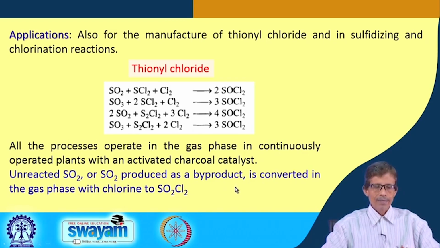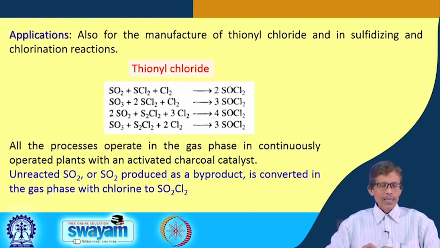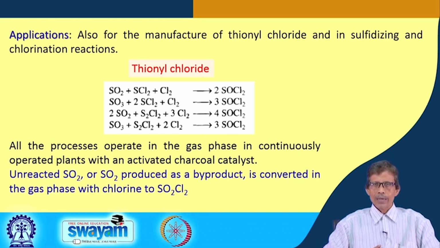some other reactions, not this particular reaction, is converted in the gas phase with chlorine to SO2Cl2 now, which is a little bit easier because you directly use chlorine gas to trap it as SO2Cl2, which is your sulfuryl chloride.